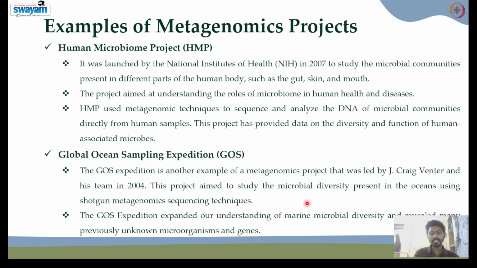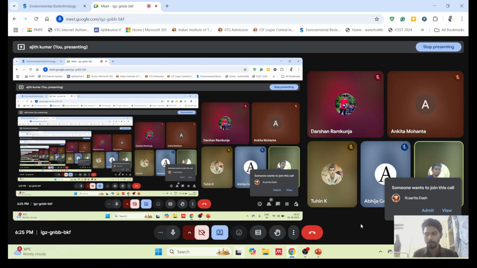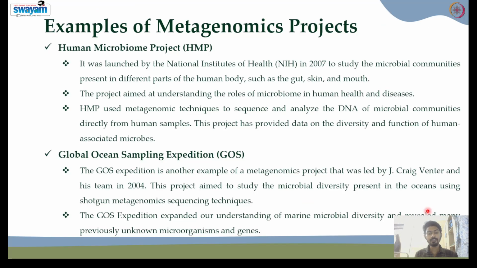So this project helps us to understand more of the marine ecosystem, and it revealed many unknown microorganisms and genes, and helps in understanding the different microorganisms that are prevalent in the ocean.